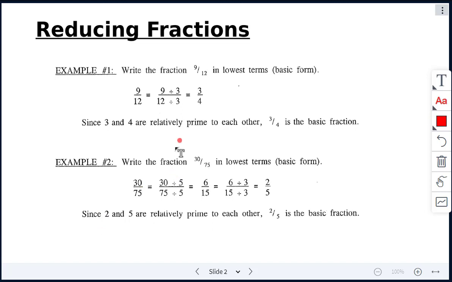In this example, we're looking at 30 over 75. And what's done here in this example is sometimes the numbers are large and you might have to reduce it in 2 or 3 steps.